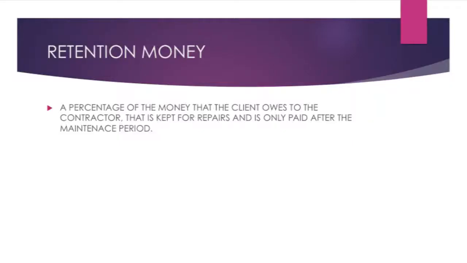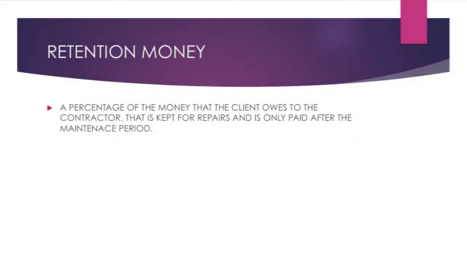And moving forward, we also have what we call the retention money. The retention money is a percentage of money that the client owes to the contractor that is kept for repairs and is only paid after the maintenance period. When we talk about the retention money, we are referring to 10%.